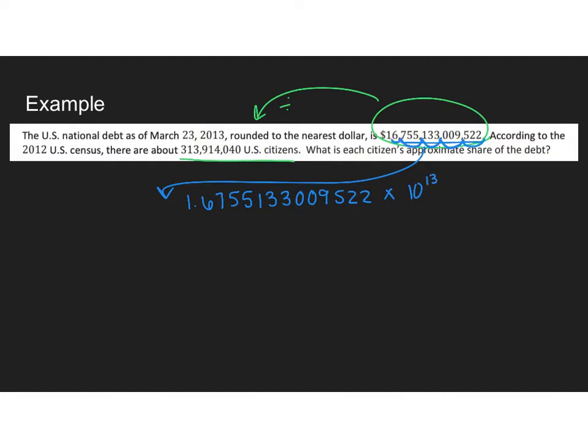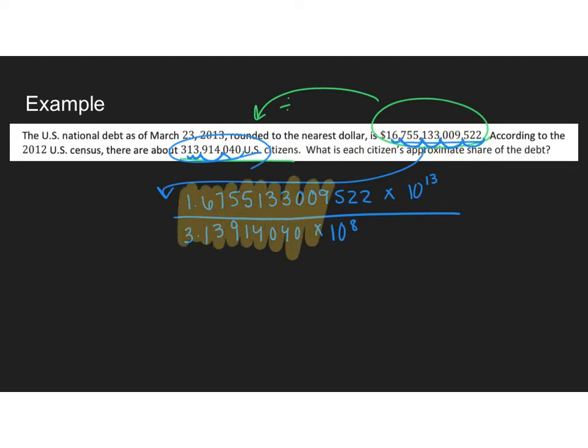And we are dividing that by this number, which is going to be 3.13914040, times 10 to the 8th power. And our rule for dividing with scientific notation is we divide our numbers like regular, and then we are going to subtract our exponents.